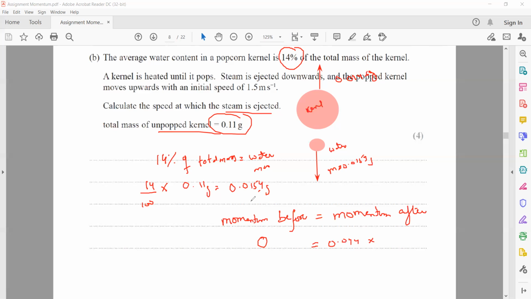If it is moving up, they mention it is moving at a speed of 1.5 meter per second. So if this speed you consider positive, the other speed should be negative because it is in the opposite direction. So 0.0154 multiplied by minus v, and when we solve this equation, this will come out as 9.21 meter per second. So this is the speed at which the steam is ejected from the kernel. Is this part clear?